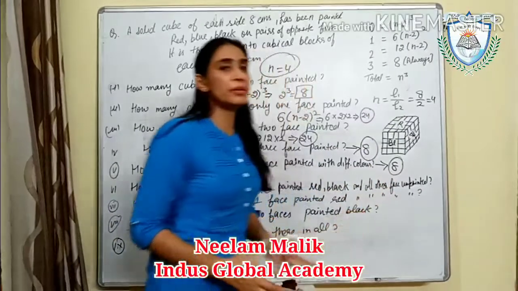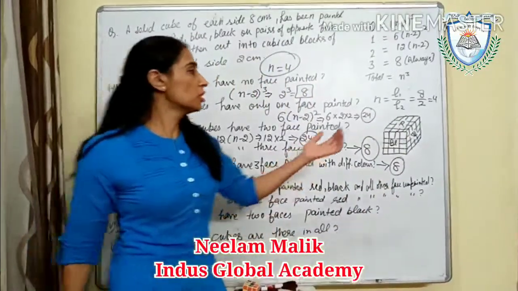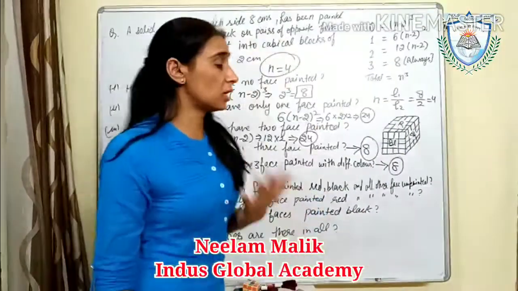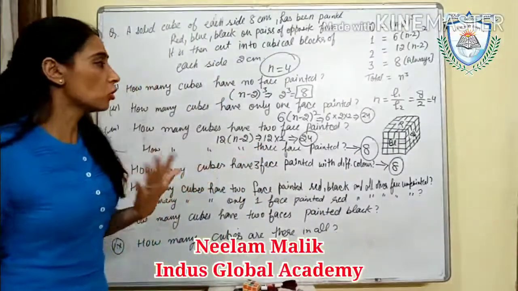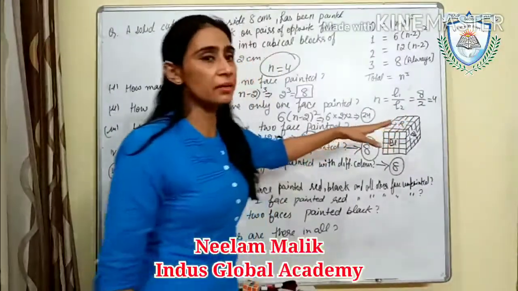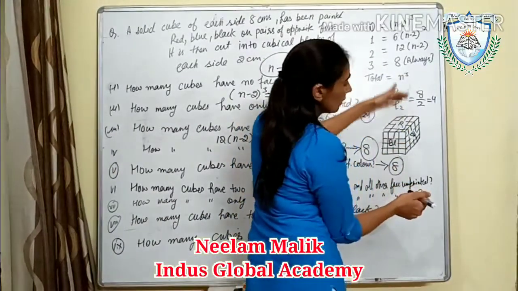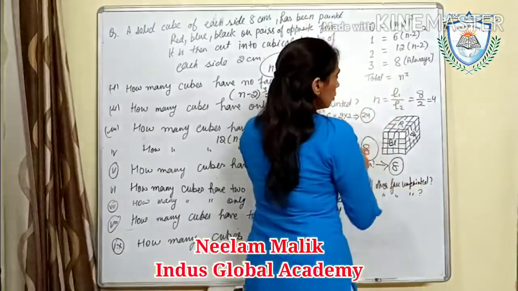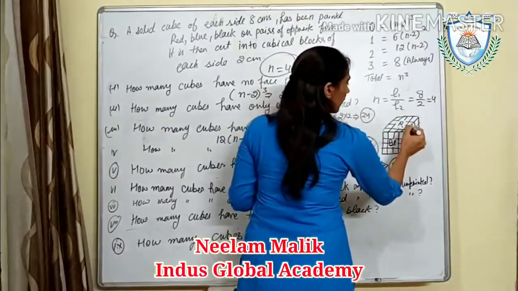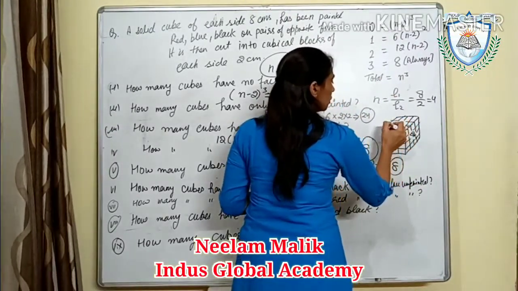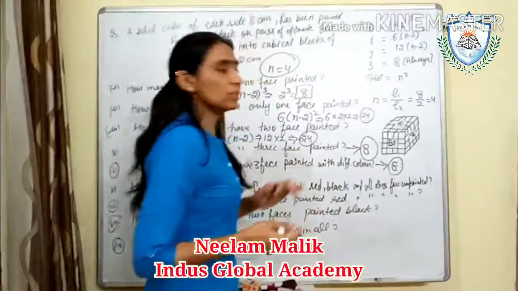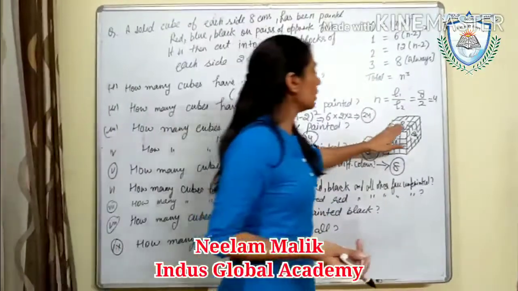All other unpainted. In the two-face painted cubes, all other faces are colorless because they are hidden. If I talk about the top view, how many are there? 1, 2, 3, 4. These 4 have only red and black.